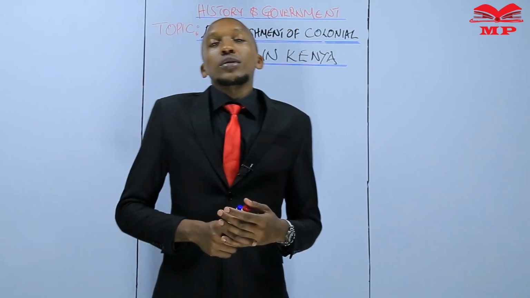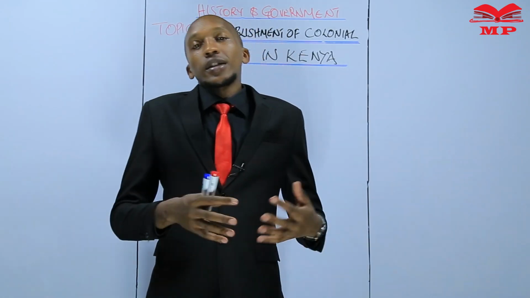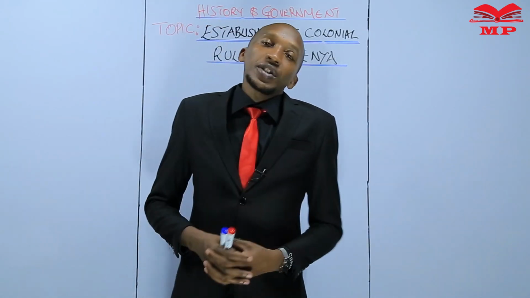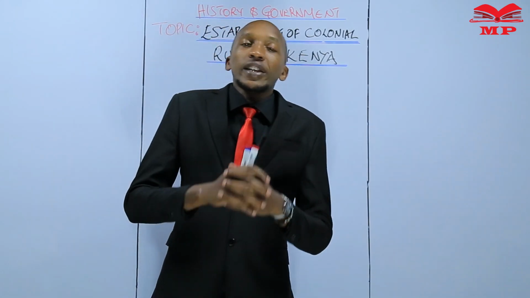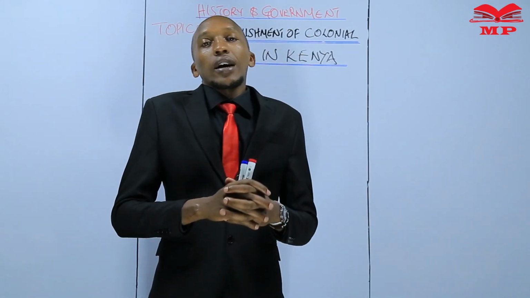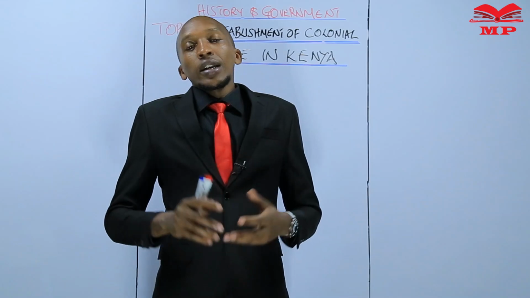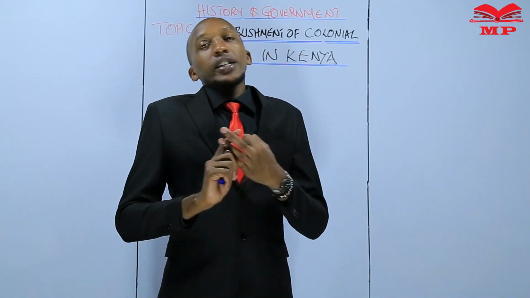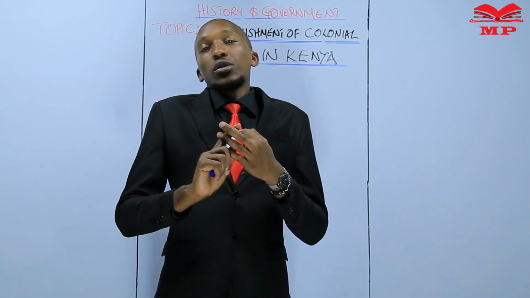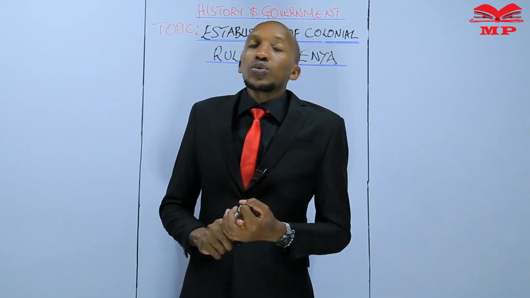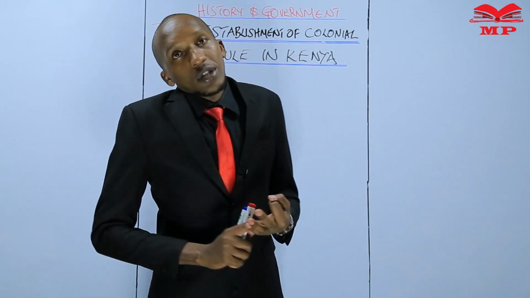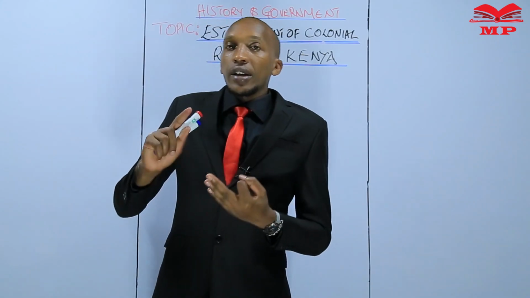We started by asking ourselves what were the different responses that were exhibited by the Kenyan societies or the Kenyan people. And as I mentioned earlier, there were three responses that the people of Kenya brought against the British.